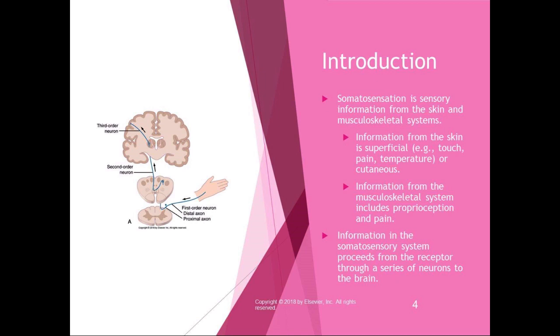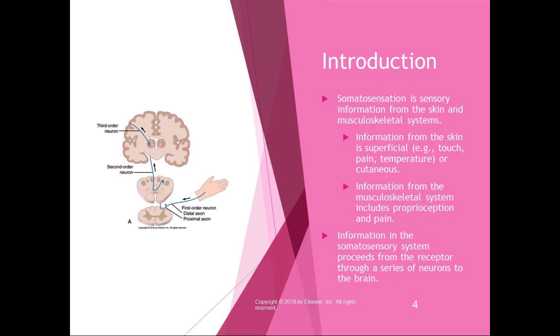Cutaneous is like pressure, vibration, etc. And we'll talk about those individual bits of information that the cutaneous and superficial receptors are giving us. Information from the musculoskeletal system that is considered somatosensation includes proprioception and pain. So we have different sensors in the musculoskeletal system that we'll talk about that give us that information.